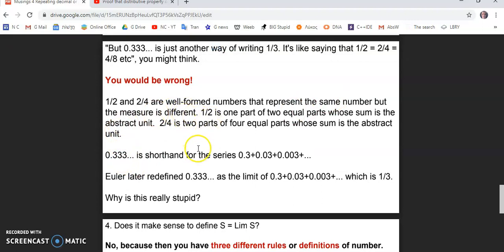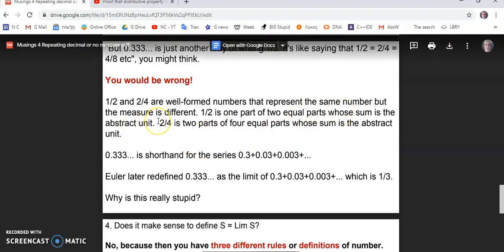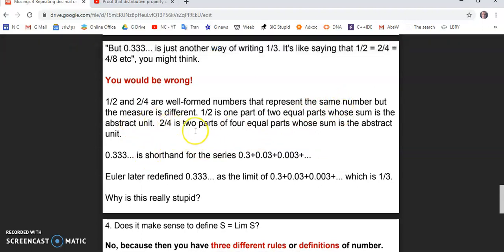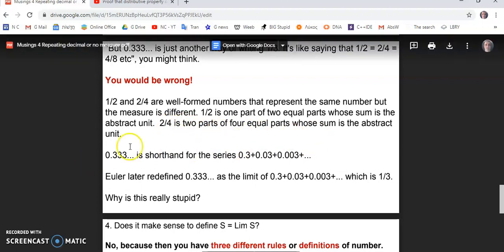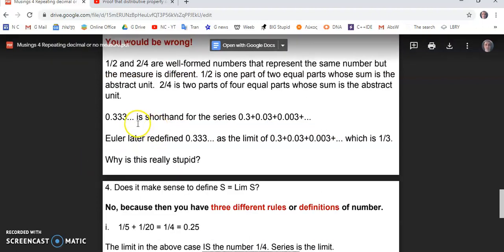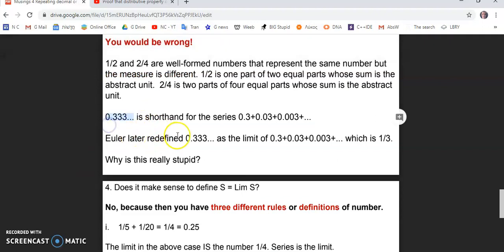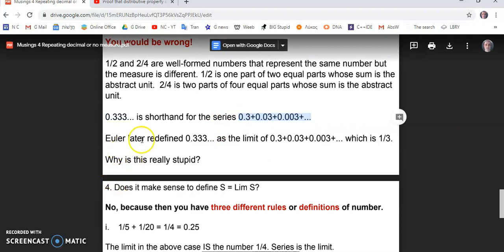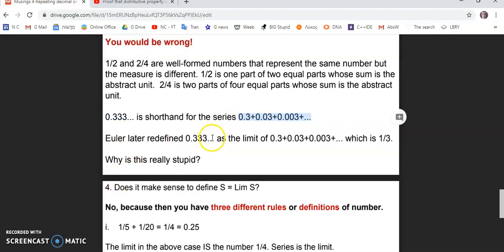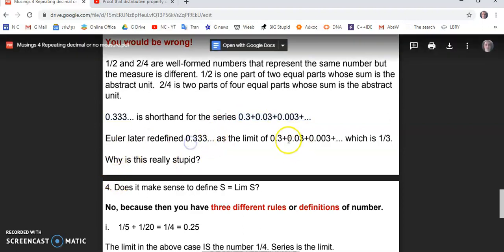A half is one part of two equal parts whose sum is the abstract unit. 2/4 is two parts of four equal parts whose sum is the abstract unit. And this is not a number. It is shorthand for this series, right? Euler later redefined this garbage as the limit of the series, which is 1/3.